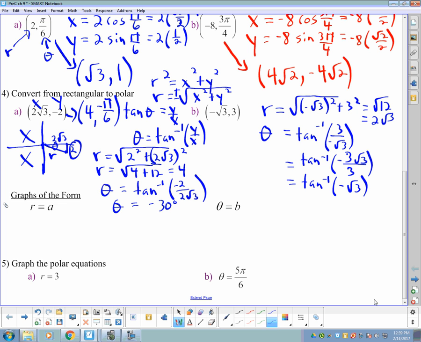So you may recognize that. Okay, it's a special angle on the unit circle. What is that special angle? Negative 60 degrees, okay. Which also is negative pi over 3.